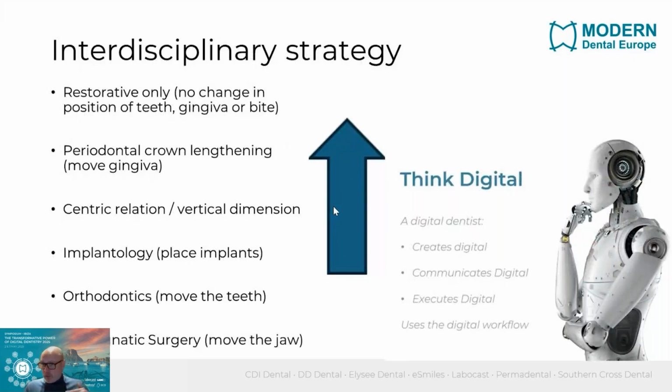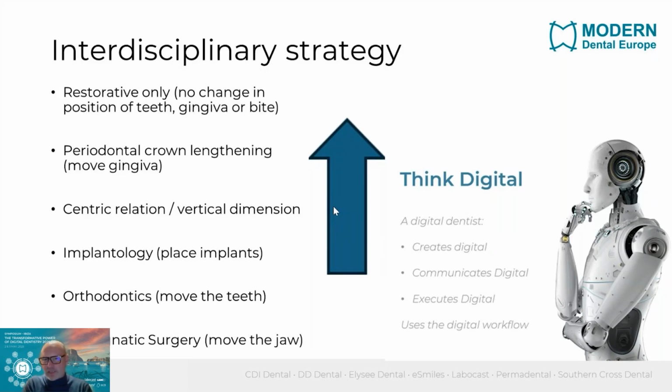Always follow the logical steps. It's not because we go digital now that we can forget this interdisciplinary strategy. First, look at the position of the jaws, then in a second phase, look at the position of the teeth. So first move the jaws if necessary, then move the teeth, then look: are there some teeth missing?